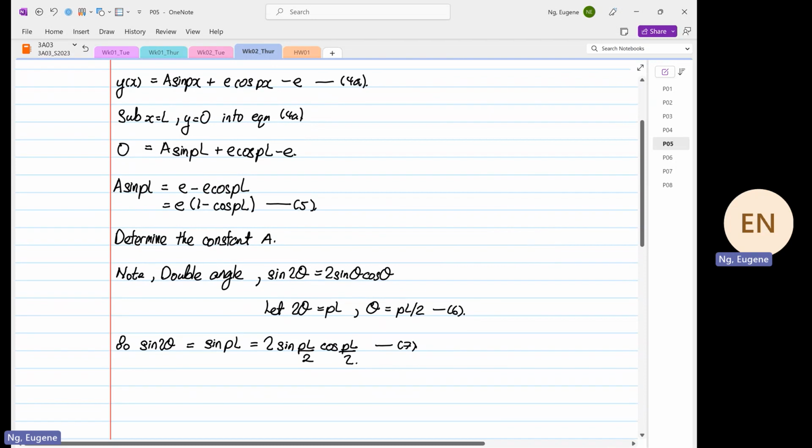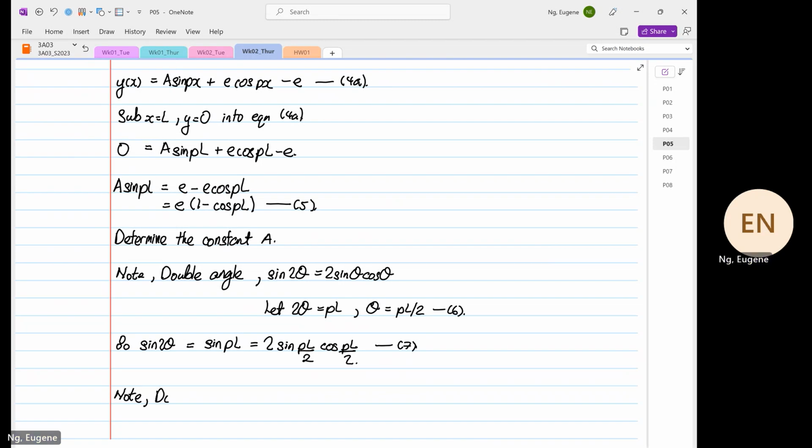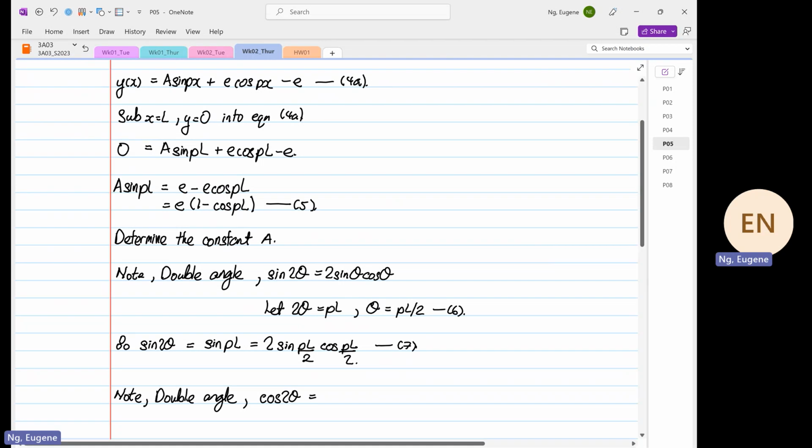The next thing that I want to invoke is, we also know, again based on double angles, that cos 2 theta is equal to 1 minus 2 sine squared theta.